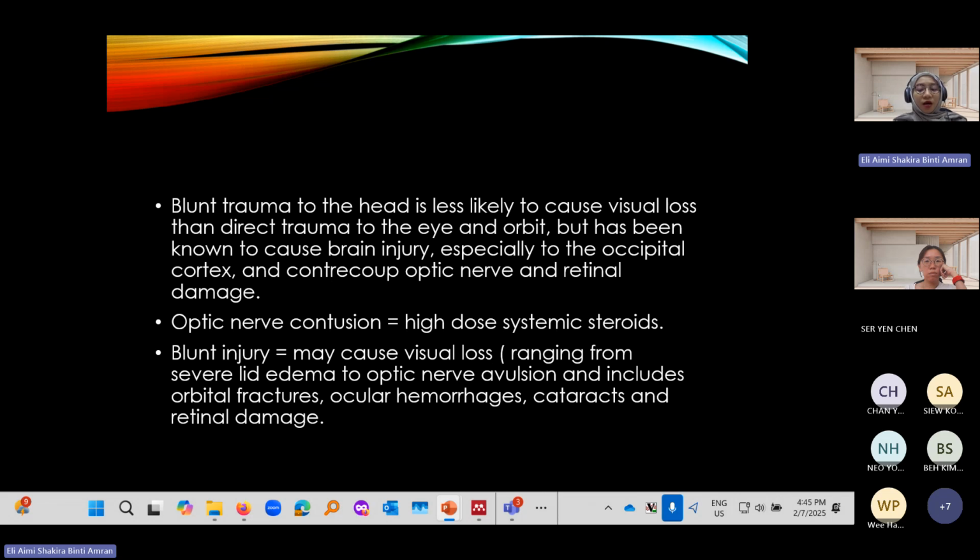Symptoms can be severe lid edema, optic nerve avulsion, orbital fractures, ocular hemorrhages, cataracts, and retinal damage. Usually it's a punch directly on the eye. A punch is considered a blunt injury, so this can cause visual loss. So these are the symptoms.